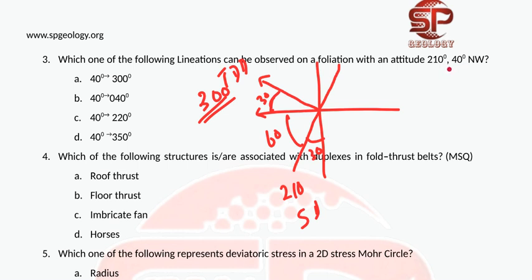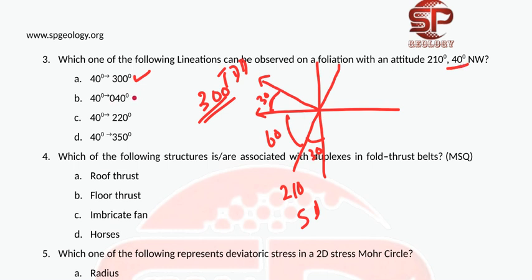the attitude of the lineation, first thing, it should not exceed 40 degree. If it exceeds 40 degree, then it will be incorrect because the true dip amount is 40 degree. Then 40 degree towards 300 will be correct because 300 is the true dip direction. In that direction the plunge amount will be the dip amount.